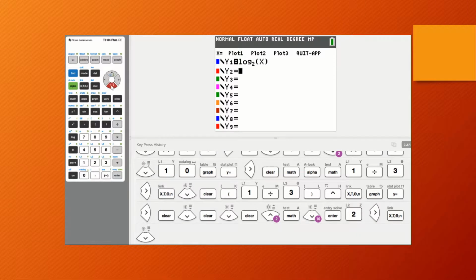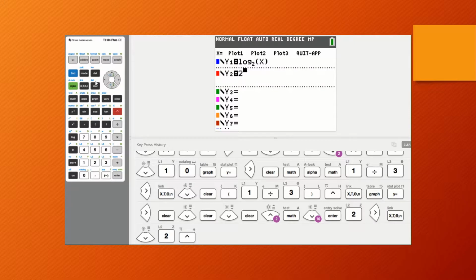Now I'm also going to go ahead and graph the inverse of that, and we know that logs are inverses of exponentials, exponentials are inverses of logs. And that's just to really give us a picture of what's happening with the graph. I got 2 raised to the power of x, 2 caret x. And then I'm just going to graph a linear function in here.